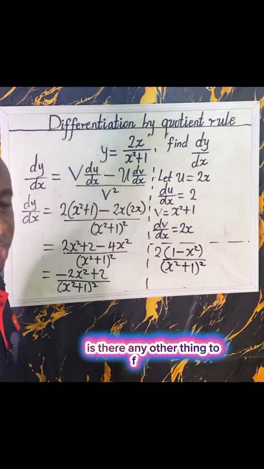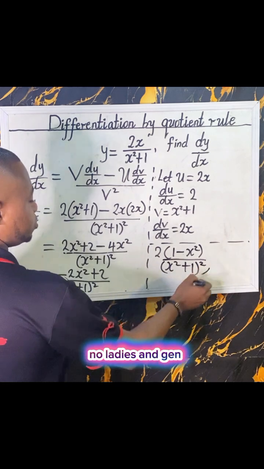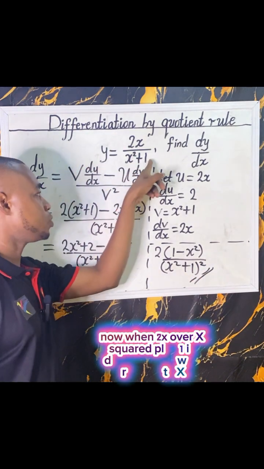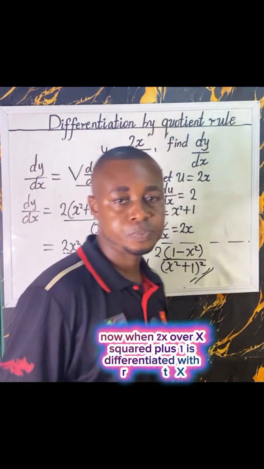Is there any other thing to factorize? No. Ladies and gentlemen, now when 2x over x squared plus 1 is differentiated with respect to x, this is what we get.